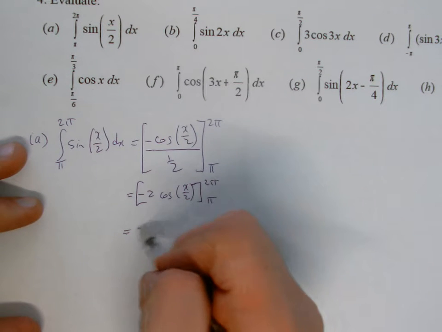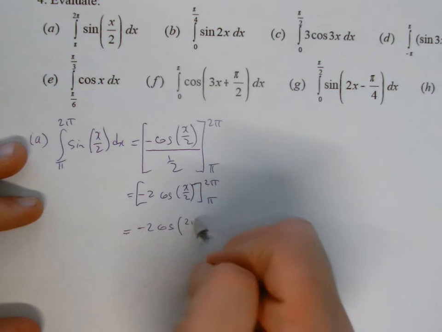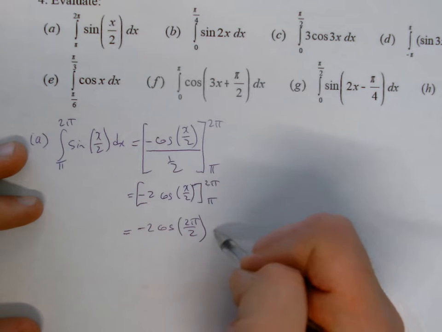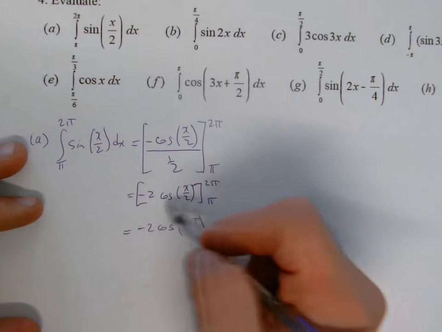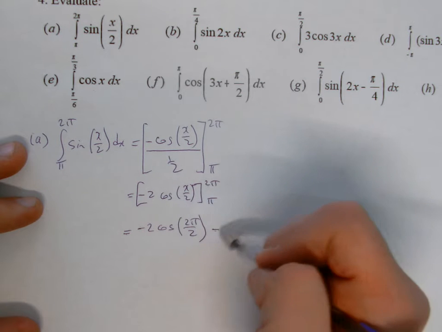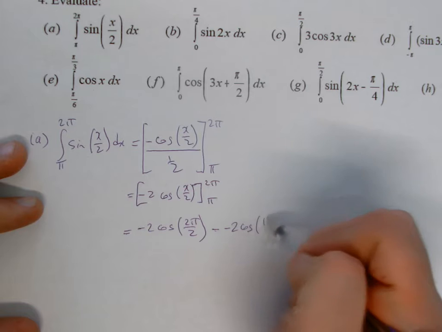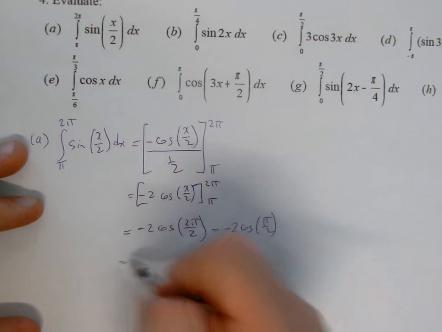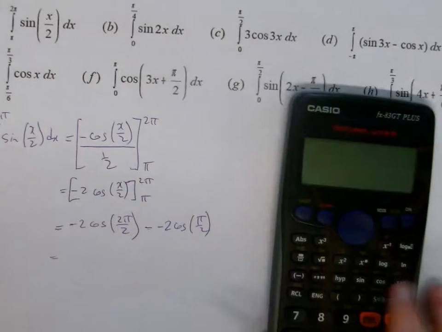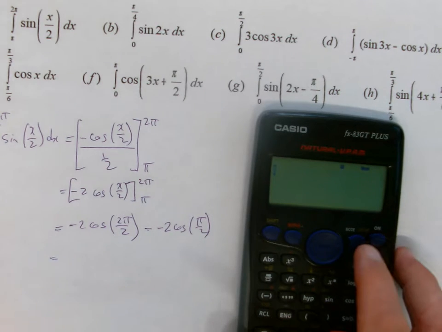So if we put 2 pi in first, okay, you've got that. Take away then this, which is minus 2 cos pi over 2. Okay, so I'll just get my calculator now, and I'll chuck all that in. I need to check I am in radian.